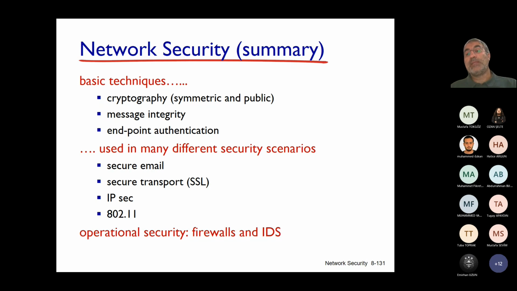Then we looked at some applications in different scenarios, such as how to apply security to email transactions, to the transport layer, such as SSL, and at the IP packet using IP security, and in Wi-Fi, such as the WEP encryption protocol, and some operational security such as firewalls and intrusion detection systems.